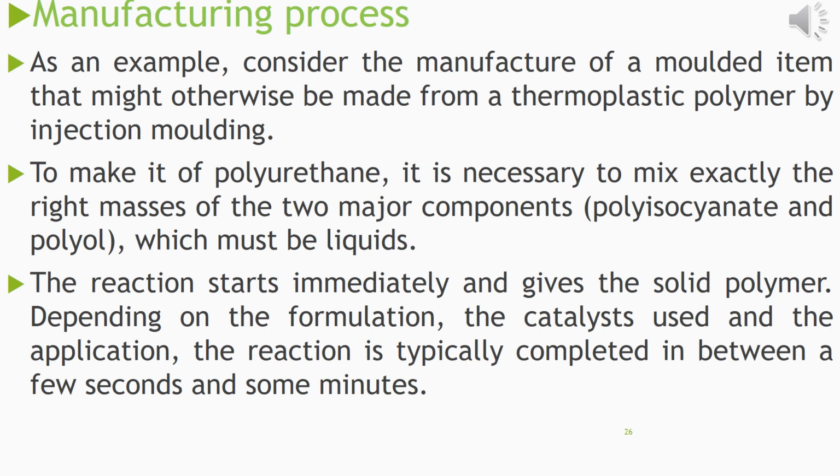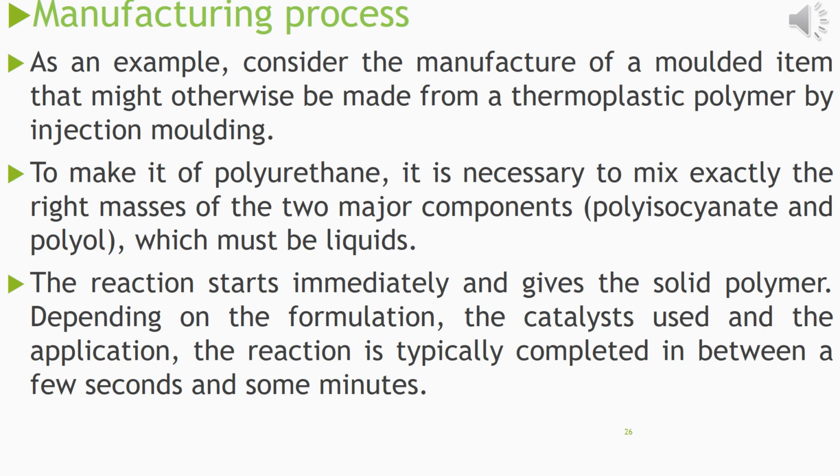Now the manufacturing process. It is just like when we manufacture a molded item that might otherwise be made from a thermoplastic polymer by injection molding. For making polyurethanes, we mix exactly the right masses of two major components, polyisocyanate and polyol, which must be liquids.